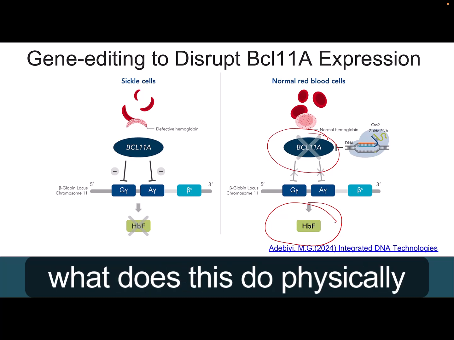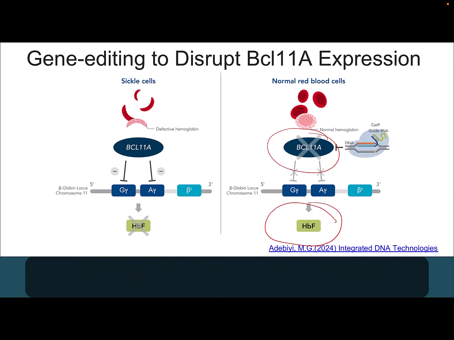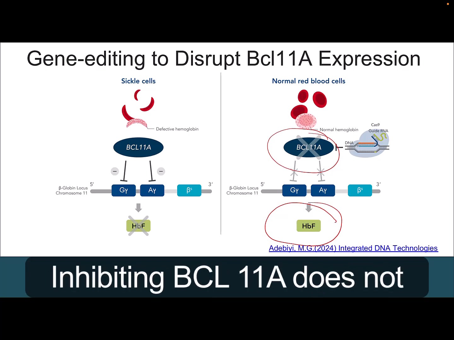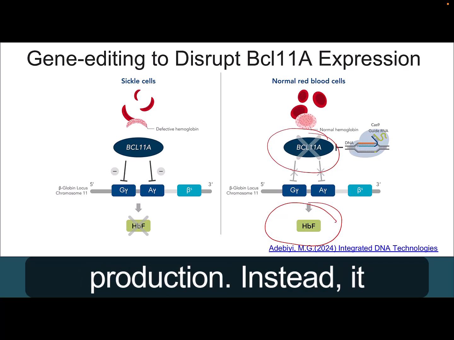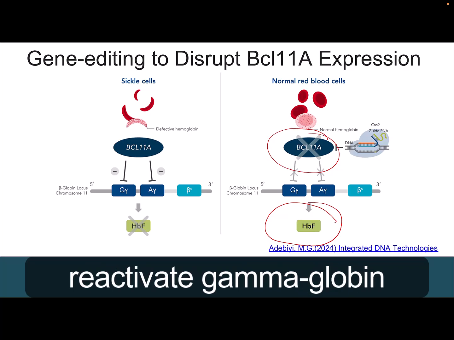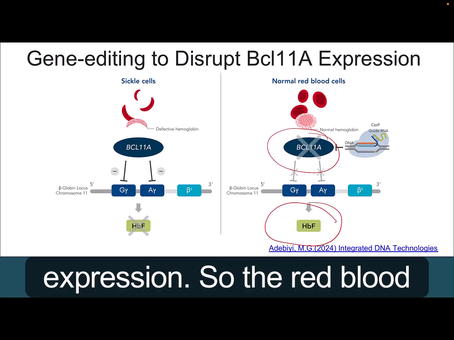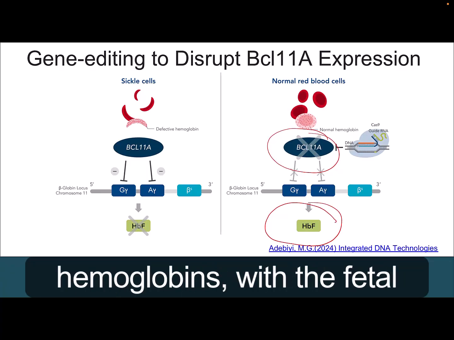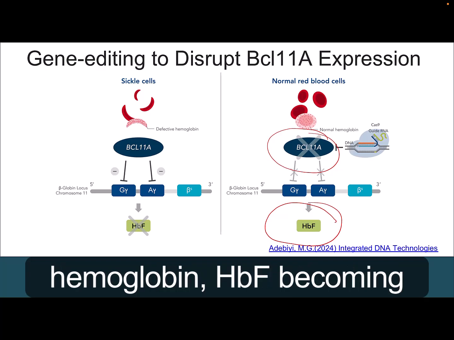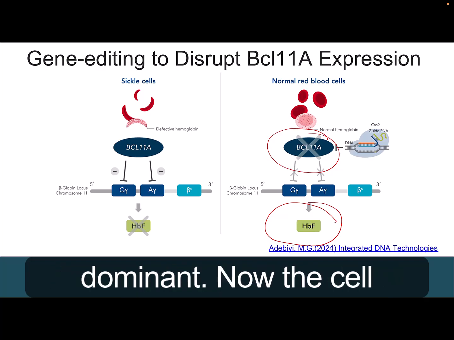So, what does this do physically in the patient? Inhibiting BCL11A does not inhibit beta hemoglobin production. Instead, it reactivates gamma globin expression. So the red blood cell produces a mixture of hemoglobins, with the fetal hemoglobin, HbF, becoming dominant.